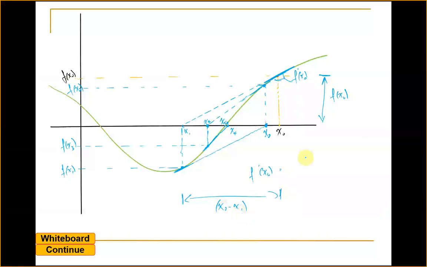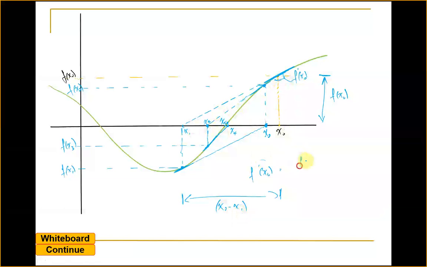Yes, sir. So the slope, assuming this triangle here, this is the triangle I'm looking at. All we're saying is that the slope of the function here is the same as rise over run. So I'll write that down.